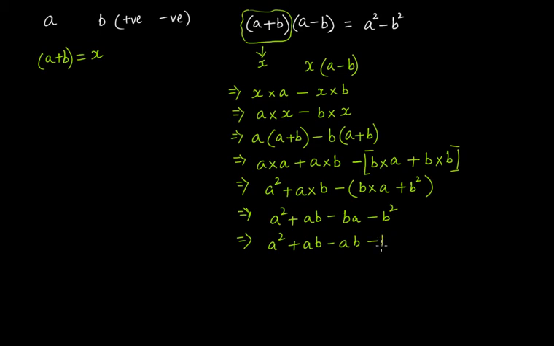And this is minus b squared. From here, this is plus ab, this is minus ab, this gets cancelled, and you get a squared minus b squared, right? So why is it important? Remember this: a plus b multiplied with a minus b, where a and b can be positive or negative, doesn't matter. The important thing is this plus sign and this minus sign. So this will be equal to a squared minus b squared.